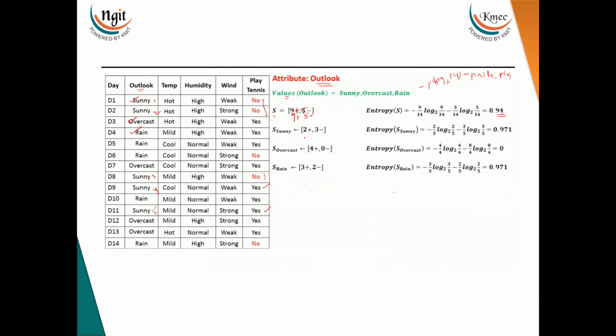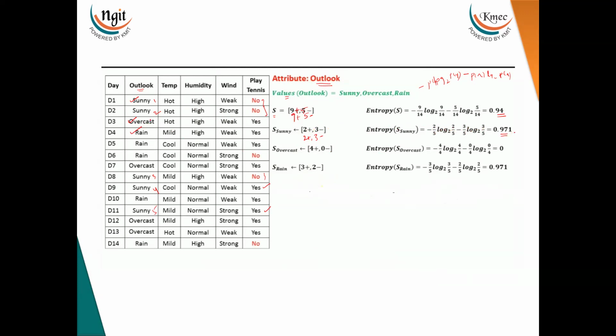That's why I have written here 2 plus, 3 minus. Now, entropy of S sunny: the whole thing is 5, so minus 2 divided by 5 log base 2 2 by 5, minus 3 divided by 5 log base 2 3 divided by 5. So, we'll get a value of 0.971.